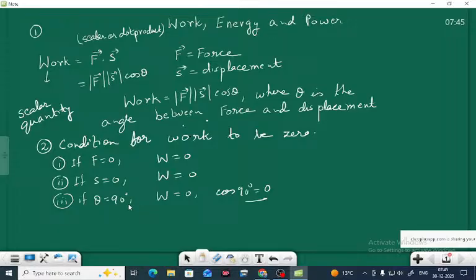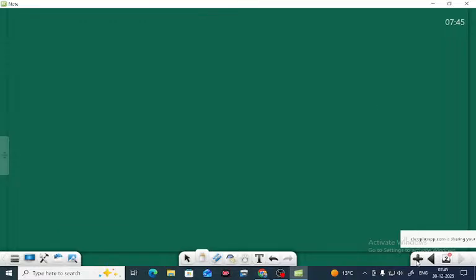Now we will go to another theorem, that is the work energy theorem, or notions of work and kinetic energy.